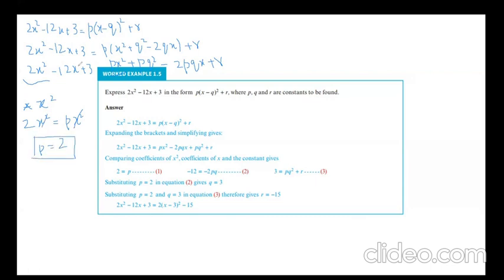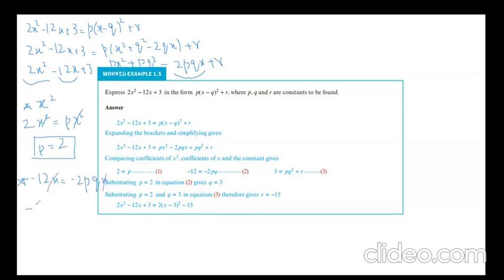Now, the second term is from a square minus 2ab plus b square, so this is the minus 2ab term. This must be equal to the term minus 12x equals minus 2pqx.